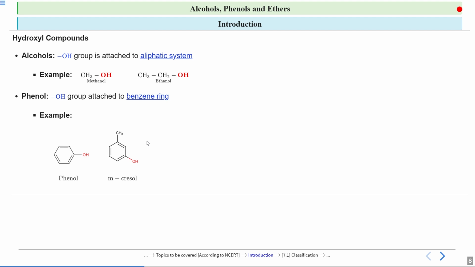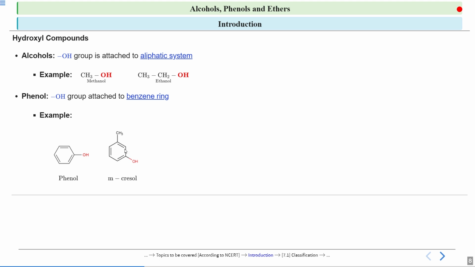Okay, phenol. Another example given is metacresol, where at the very first position we have CH3, and at this meta position we have the OH group. So that's why the name is m-cresol, that means metacresol. Meta is specifying this position.